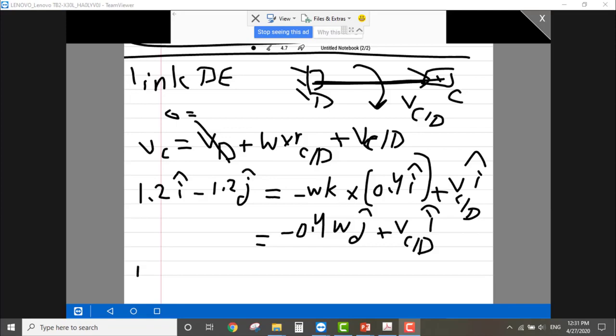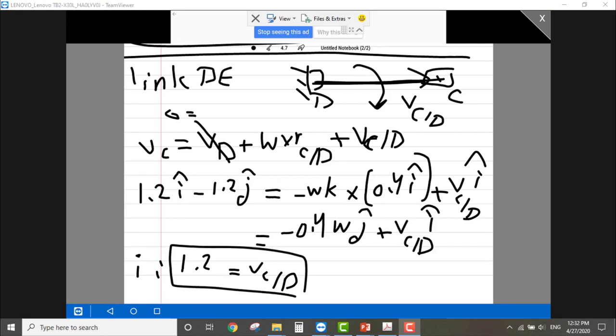For the I equation, we have 1.2 on the left side, and on the right side we have VC with respect to D. So this is the direction and magnitude of VC. It is correct from D to C in the I direction, and its value is 1.2 meters per second.